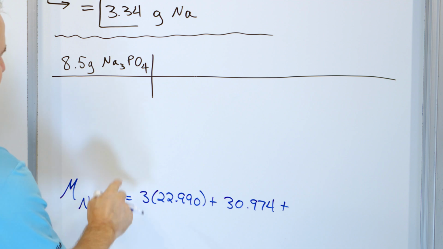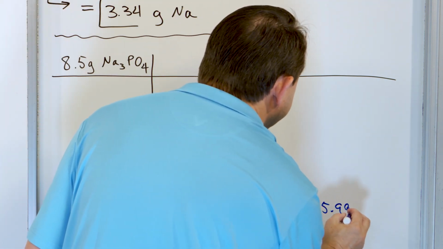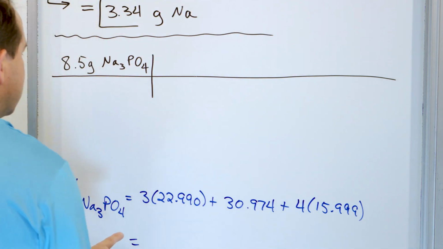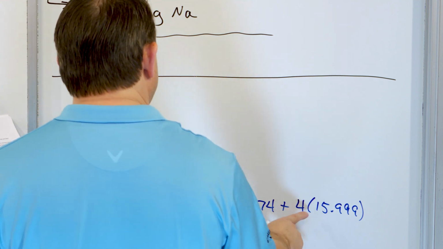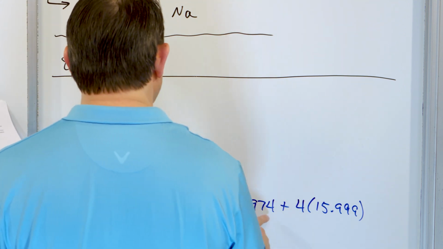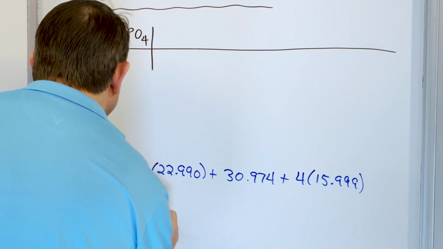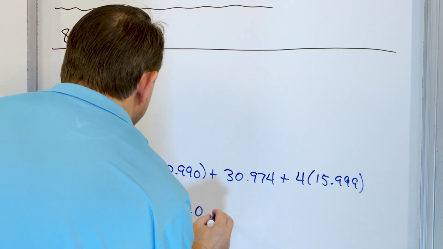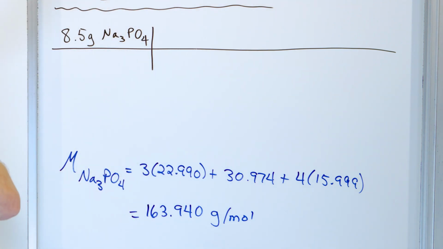And then we have 4 oxygens, and we've used that one enough, so we say 15.999, and there's 4 of those. So once you take 3 times 22.990, and 4 times 15.999, and then add it to the phosphorus number, what you're going to get is 163.940 grams per mole. And this is for this compound here.